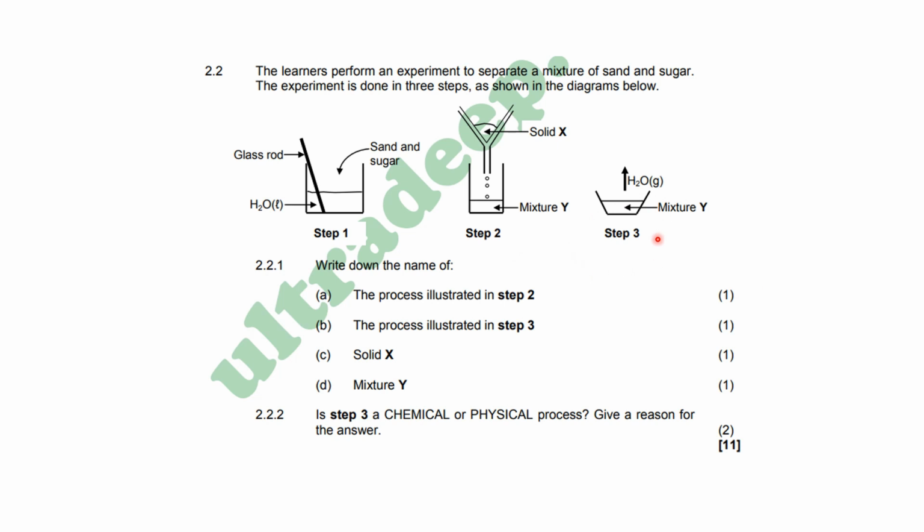So let us look at step 1, because you are provided with diagrams explaining what the learners do. So initially you have a beaker. It's like a glass that you use in a lab to mix chemicals in, a fancy version of a glass.